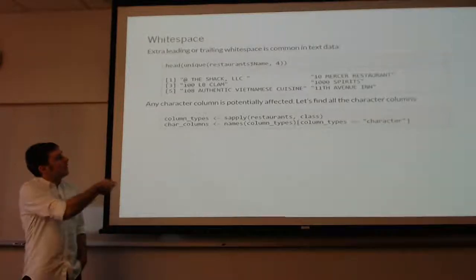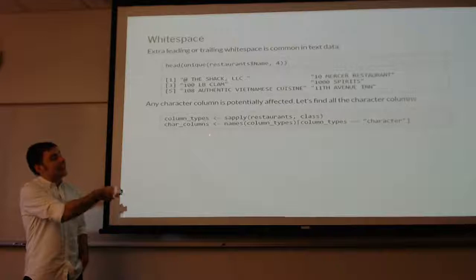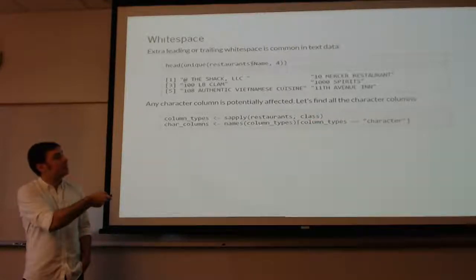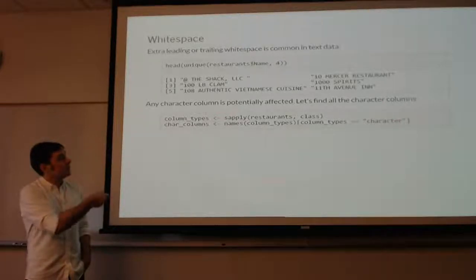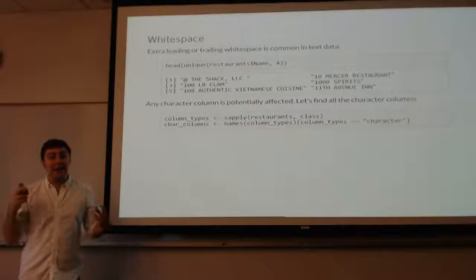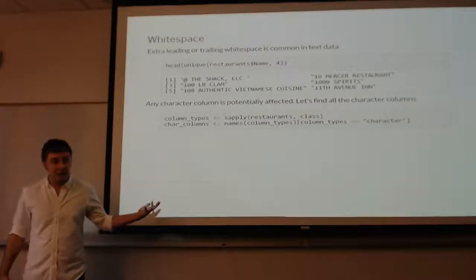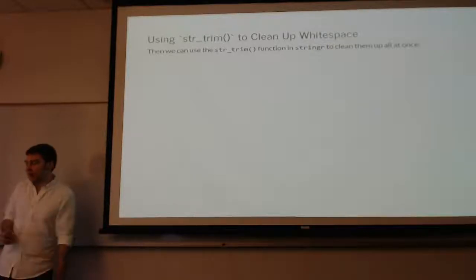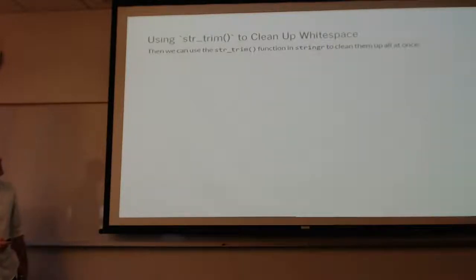Then I'm going to create a vector of the names of the columns that are character vectors. By doing this, I get the names of the column types equal to character. This outputs a vector of all of the names of the columns that were character data, which I could then run some apply function with string trim to clean them all up at the same time.